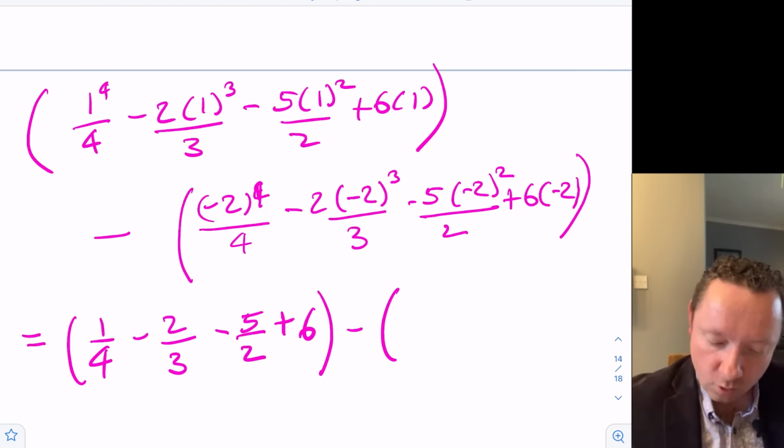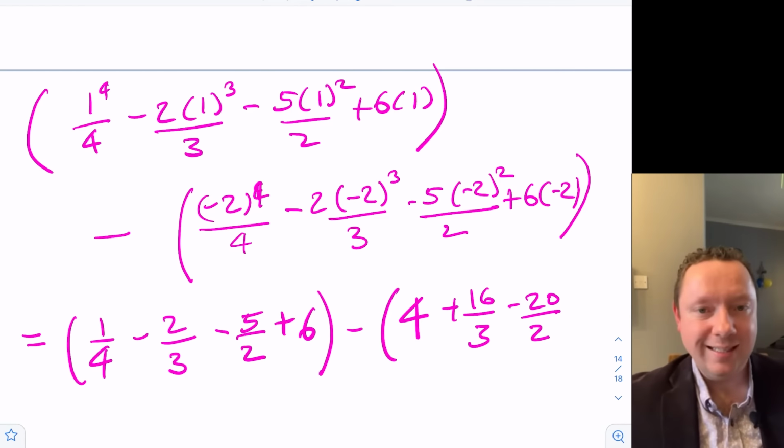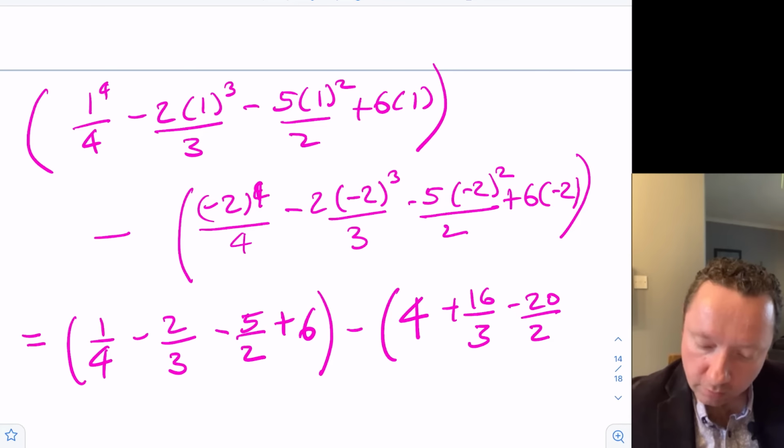So I get 16 over 4, which is 4. 2 2s are 4, times 2 is 8, times 2 is 16, so I get minus 16, plus 16 sorry, over 3, because it's minus times a minus. 2 2s are 4, 4 5s are 20, so minus 20 over 2, or you could have written 10, and then 6 2s are 12.